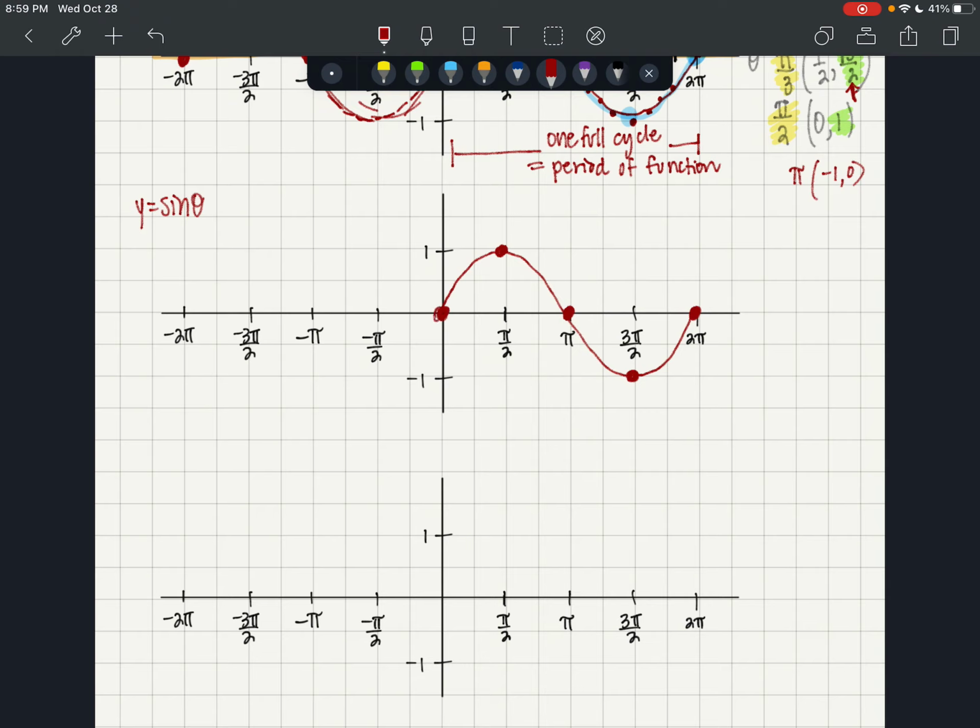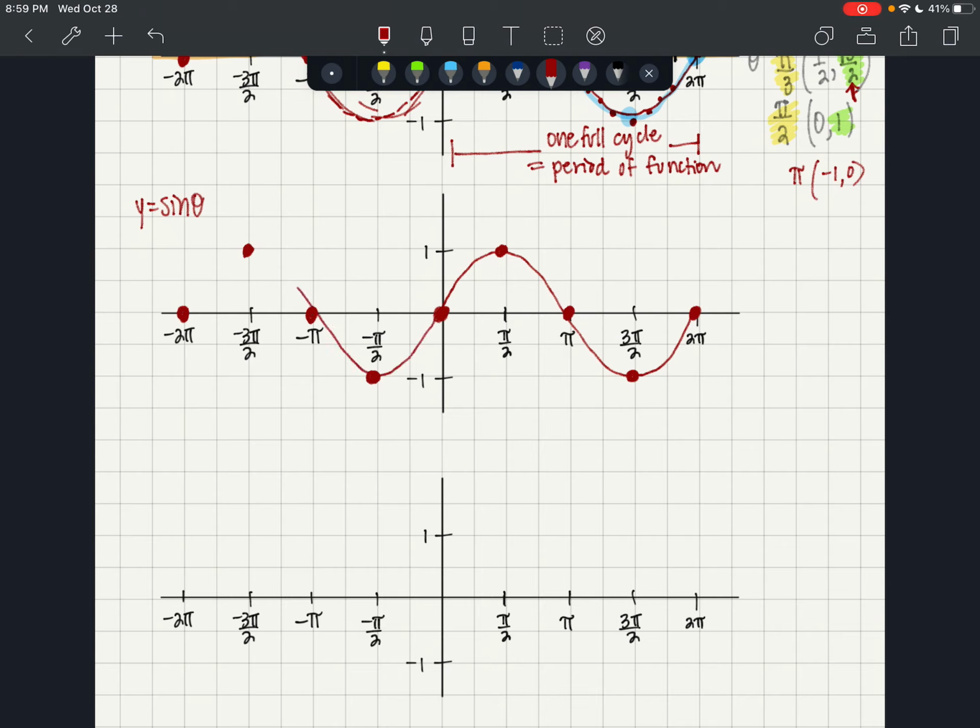Okay, let's continue this pattern to the left. So sine starts at the midline, 2 pi later, ends at the midline. Halfway between, it's at the midline. Halfway between 0 and -pi, at -pi over 2, we'd get a minimum of -1. And halfway between -pi and -2 pi, which is at -3 pi over 2, we would have a maximum of +1.